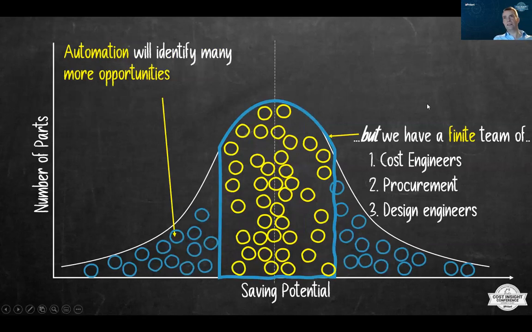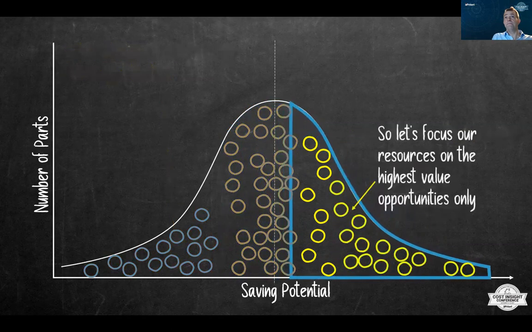Without significant investment in our company, which we could do if we want to, without that, we have a finite team of people that can execute on what aPriori provides through insight, people to design out costs, to procure out costs, people, cost engineers as well. So therefore, what we really will do then is just move the focus onto the things that we can do. So that blue bar, that blue boundary rather, represents what we can address. So let's shift our focus over to that.